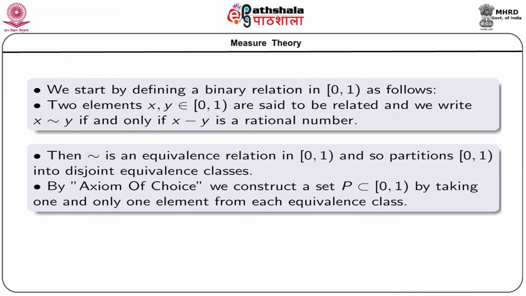So, we have constructed a set P subset of [0, 1) by taking one and only one element from each equivalence class. We will see that this particular set P is actually non-measurable.